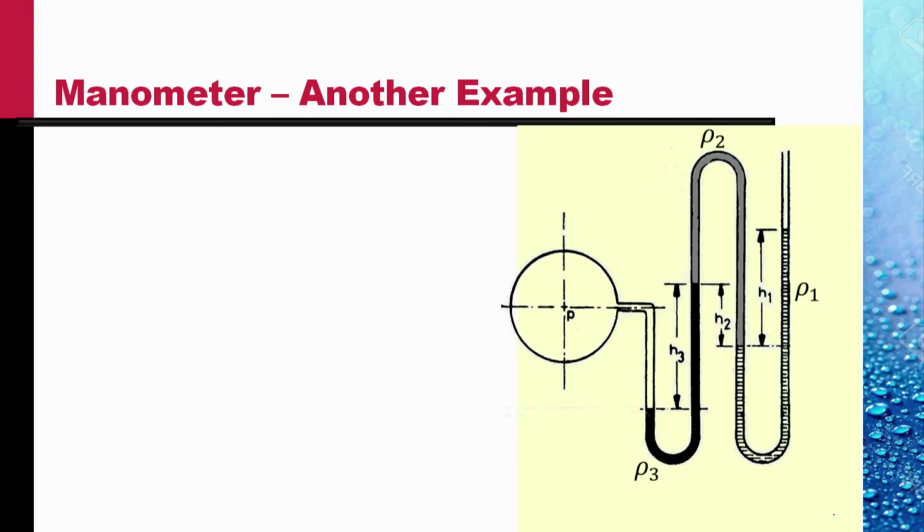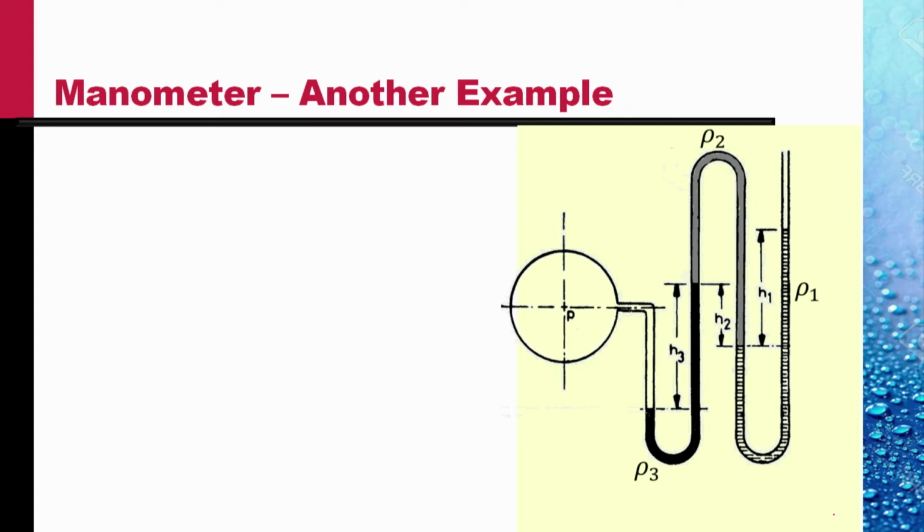We do another example, a little more complicated manometer. Here we have a bulb with a pressure P of a gas, and the manometer has 3 fluids of density rho 1, rho 2 and rho 3 as shown.